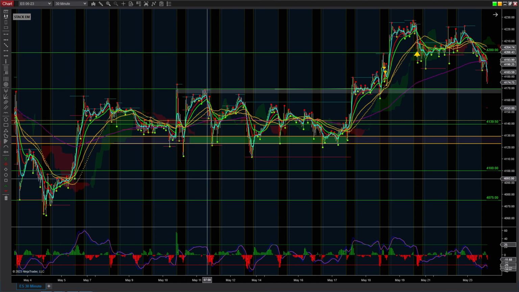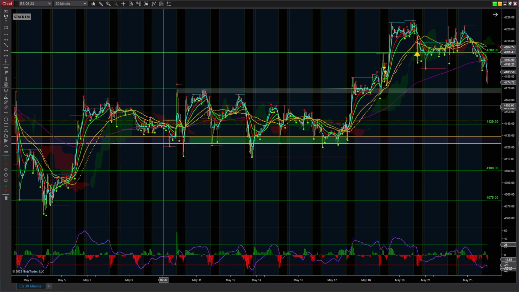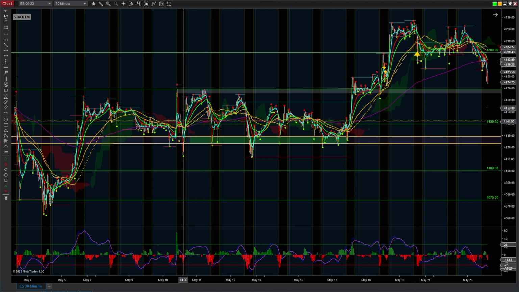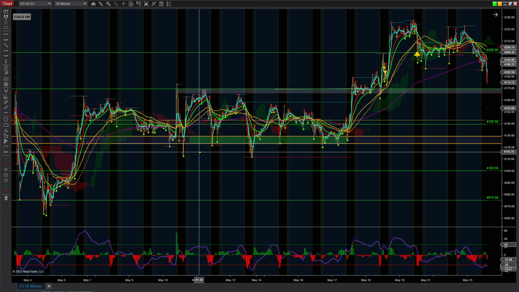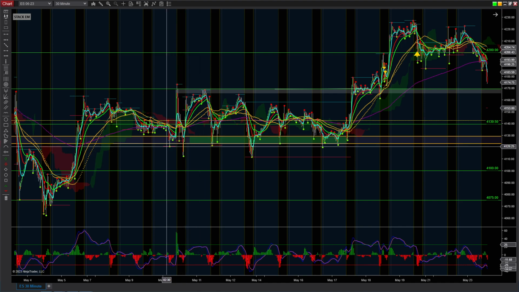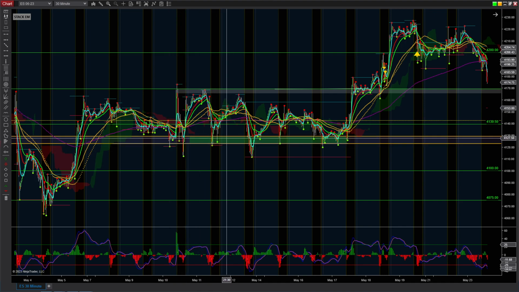Okay, so what you see here is a range day or a range area where you have a demand area right here, right there. So this area here is a demand, and then you have the bottom area right here.